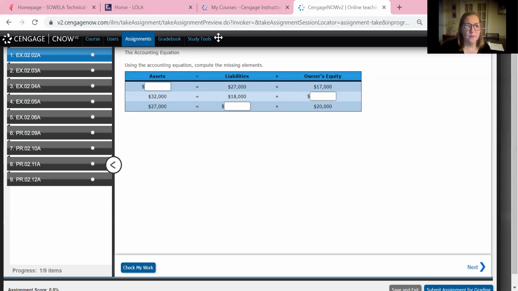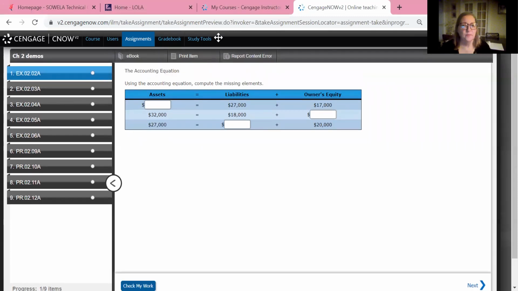The first one is about the accounting equation, and it plays off the fact that we already know assets equals liabilities plus equity. So if we know two of those numbers out of three, we can find the other one. If liabilities is $27,000 and owner's equity is 17, we just add those two together to get total assets, which I think is going to be 44,000.